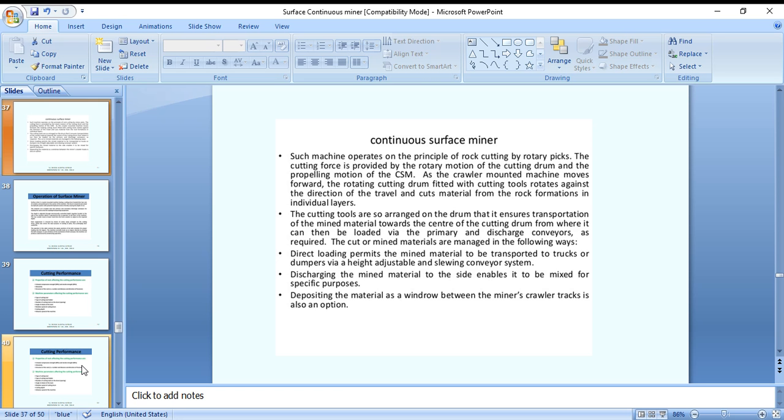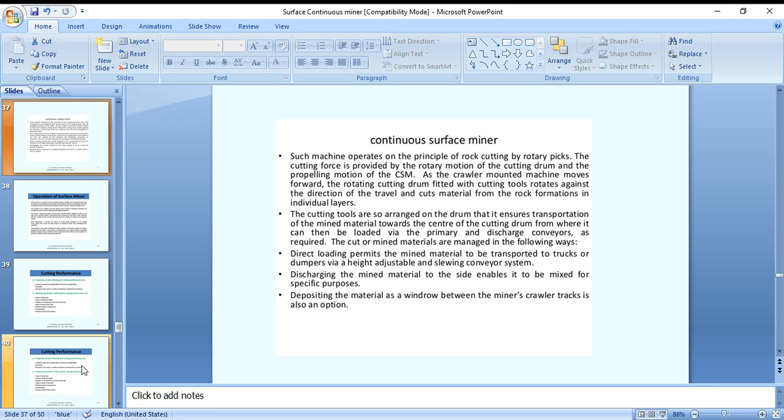As the crawler-mounted machine moves forward, the rotating cutting drum fitted with the cutting tools rotates against the direction of travel and cuts material from the rock formation in individual layers. The cutting tools are arranged on the drum so that it ensures the transportation of the mined material towards the center of the cutting drum, from where it can then be loaded via the primary and discharge conveyor as required.